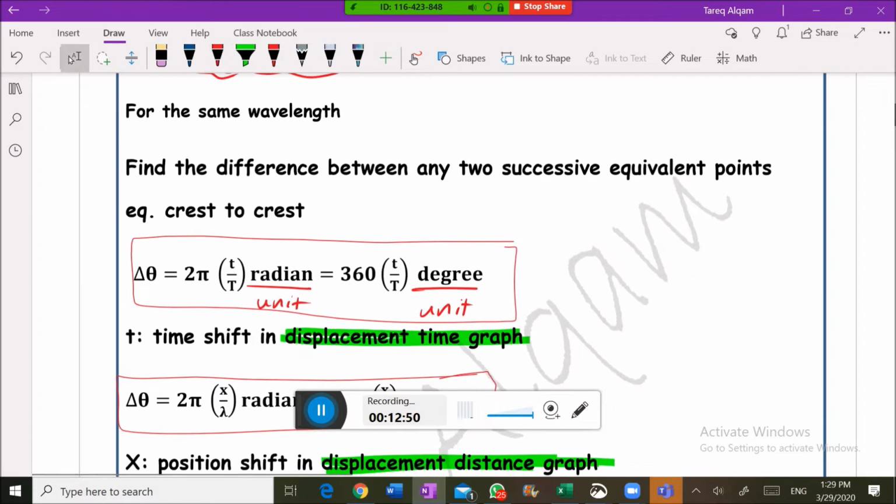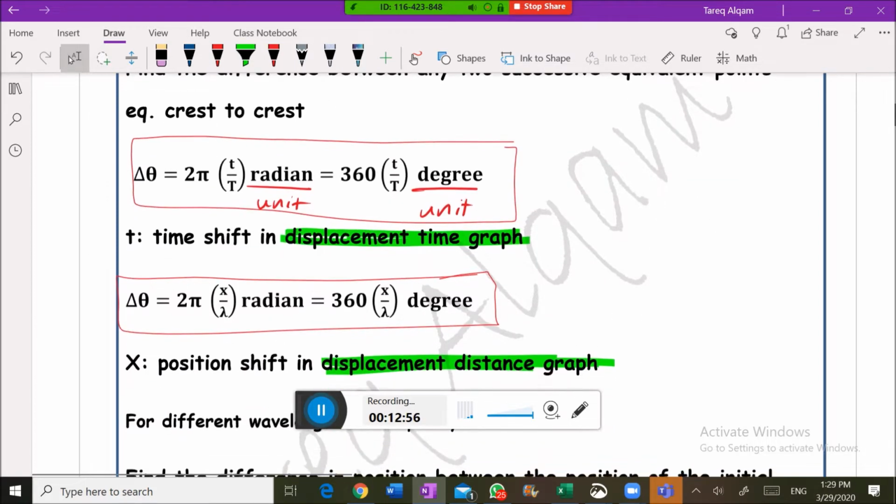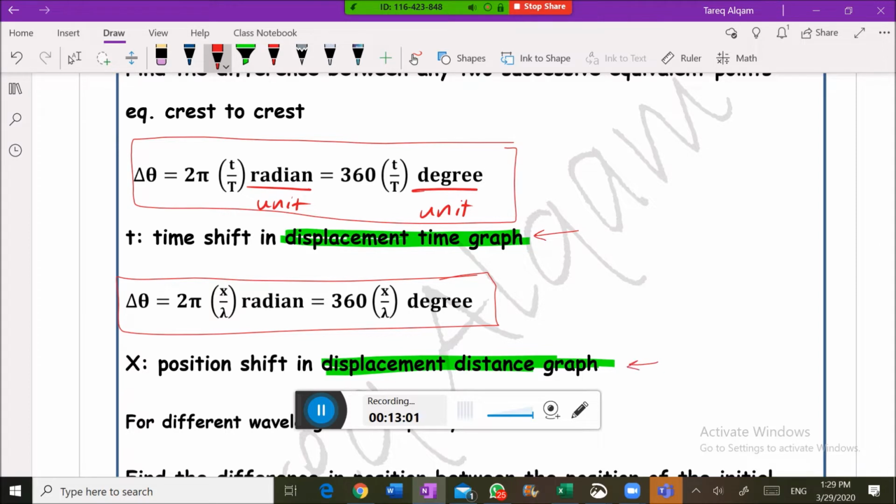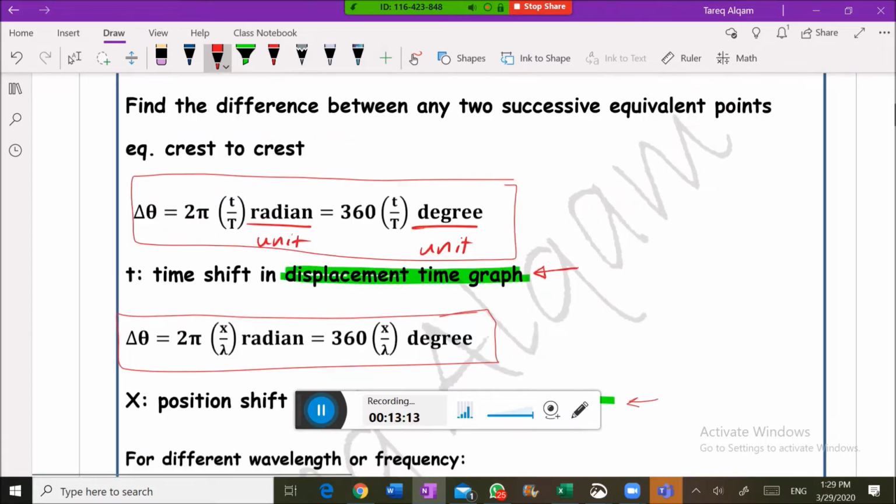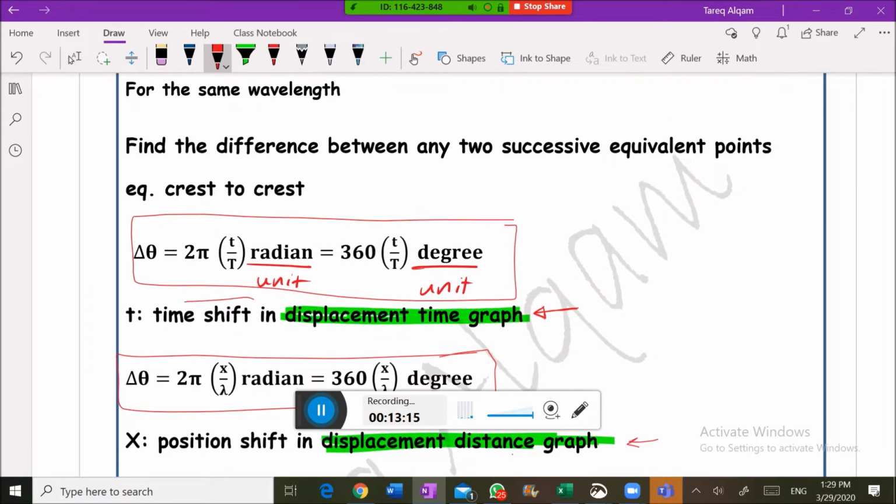If you are asked to find the phase difference between 2 points, I have to take into consideration which graph we are given. Displacement-time or displacement-distance. If we are given displacement-time like this, I have to find the shift in time between the 2 points. I will show you how.